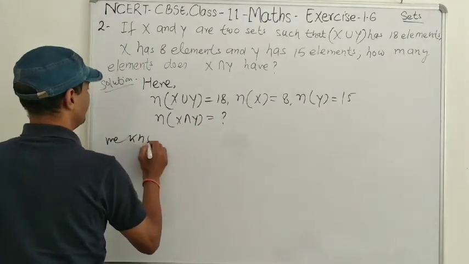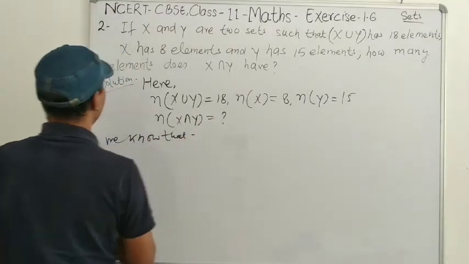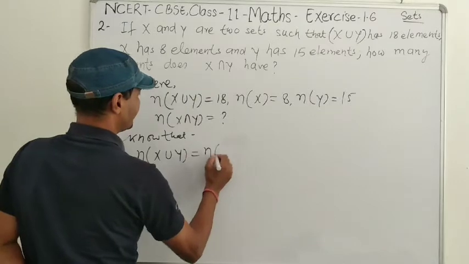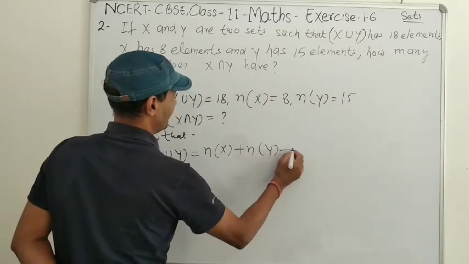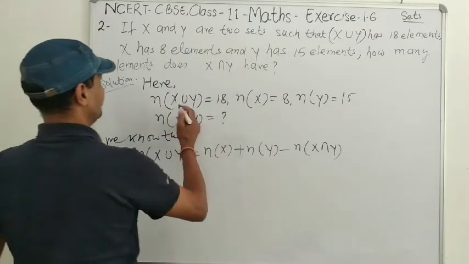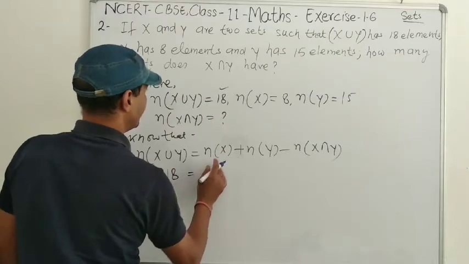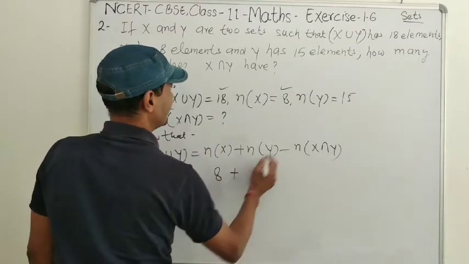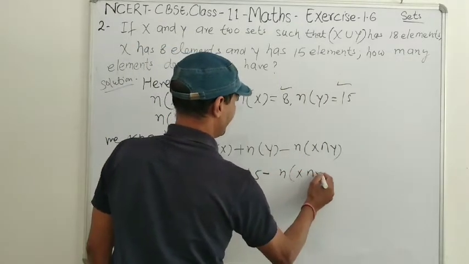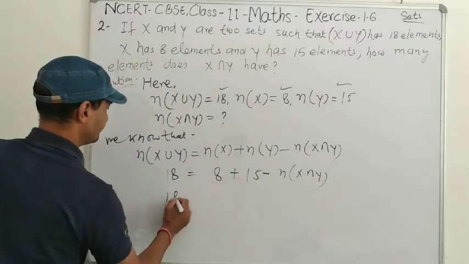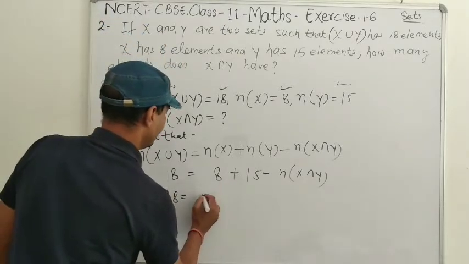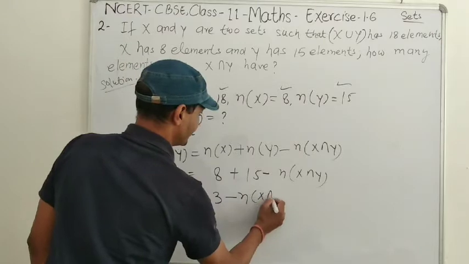We know the formula we used in question number 1: n(X union Y) equal to n(X) plus n(Y) minus n(X intersection Y). So 18 equals 8 plus 15, that is 23, minus n(X intersection Y).